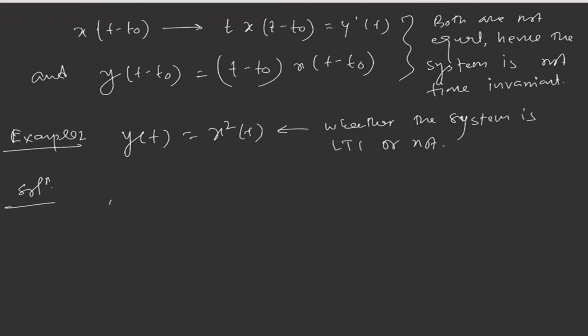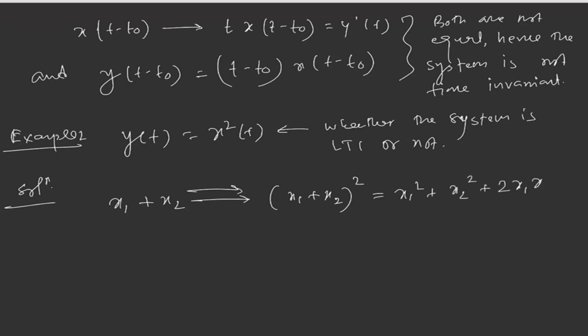Through the additivity test, if you consider two inputs, x1 and x2, through the system we can write (x1 + x2) squared equal to x1 squared + x2 squared + 2 x1 x2. And y1 + y2 is x1 squared + x2 squared.